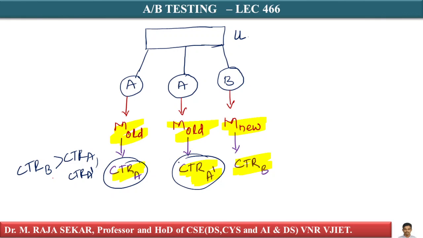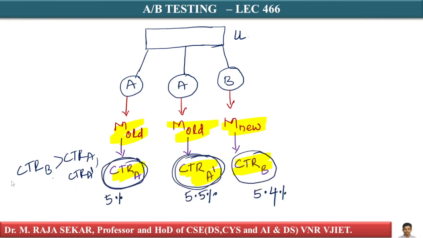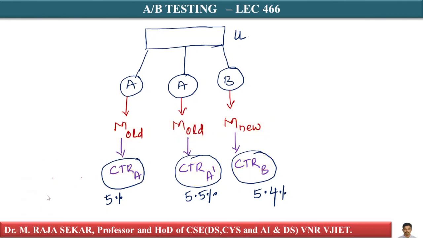So when you want to compare, oftentimes what people do is they train two similar models. Let me say I got 5% CTR here, and 5.5% CTR here, and in this case I have got 5.4% CTR.